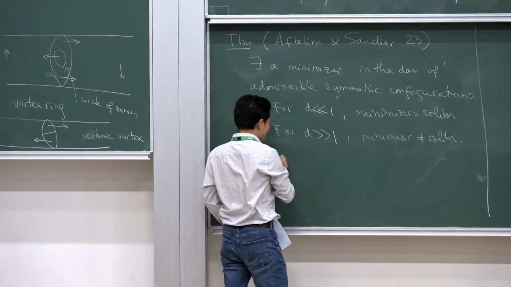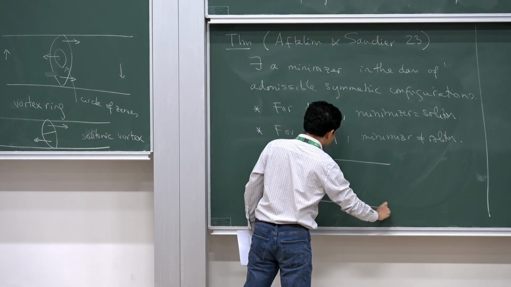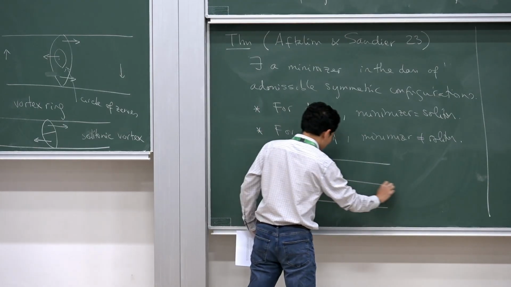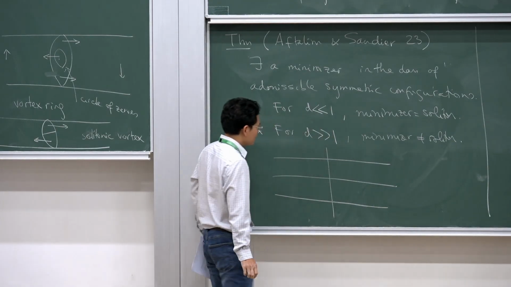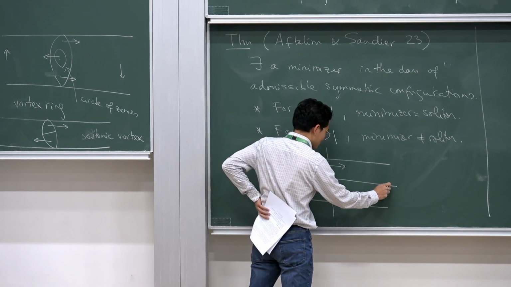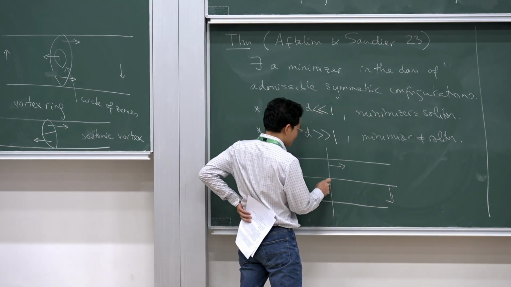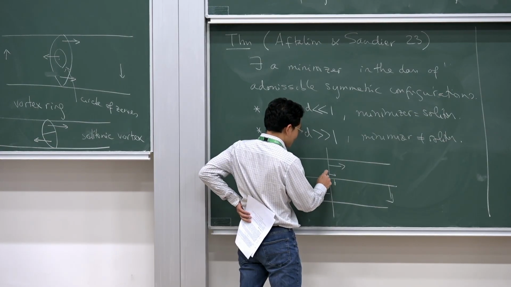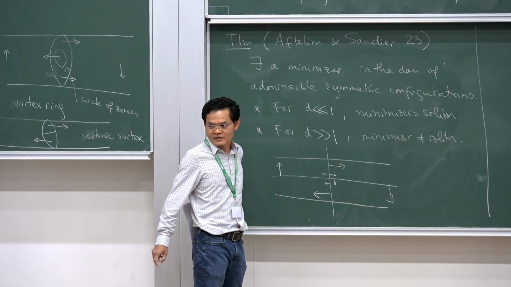What it's going to look like is this. In the 2D picture, for D very large, if we put in the arrow, we're going to go this way. Exactly at this point, we're going to have something that goes like this. So it has a vortex structure.